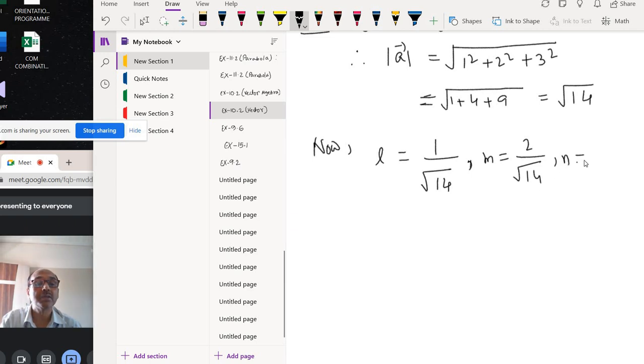And n equal to, coefficient of k is 3, so 3 by root 14.